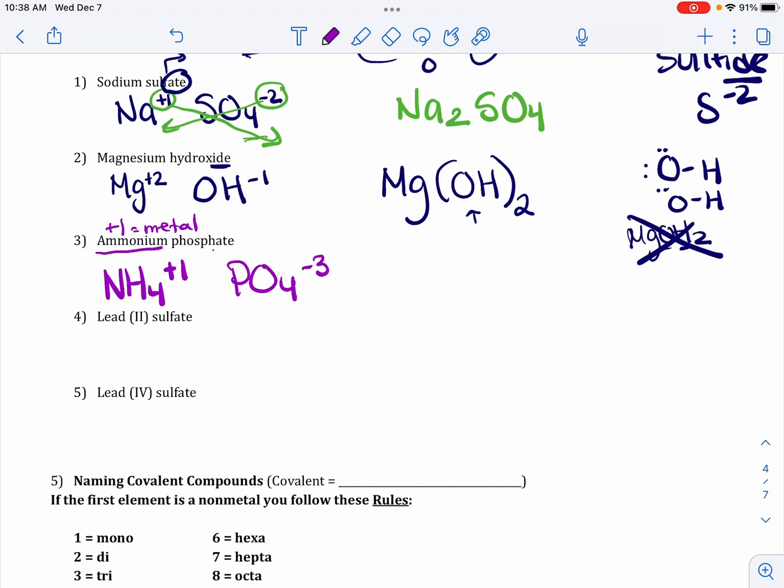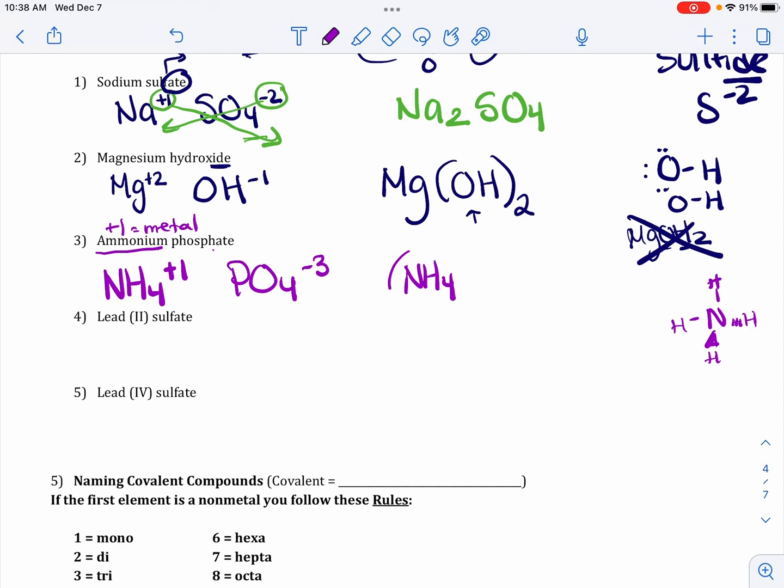All right. So again, ionic compounds want to be neutral. So you can either use the crisscross method or just think about it logically. If PO4 is -3, in order to cancel that out, we need to have 3 NH4s. But remember, NH4 is a tetrahedral molecule. So that is one thing. We can't change subscripts. So I'm going to write NH4. I can't add the 3 there because then it looks like I have 43 hydrogens.